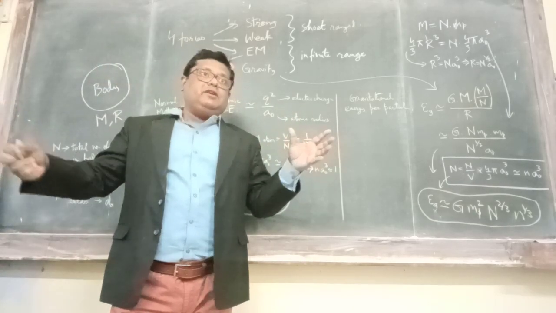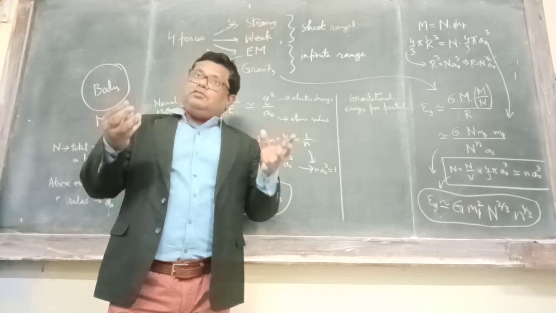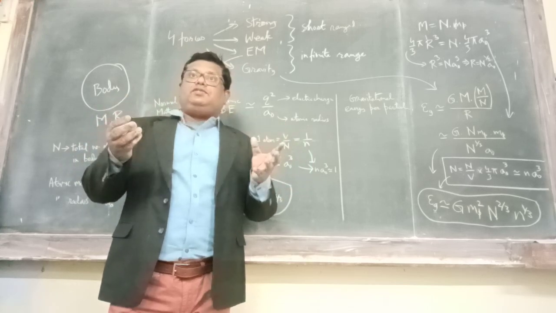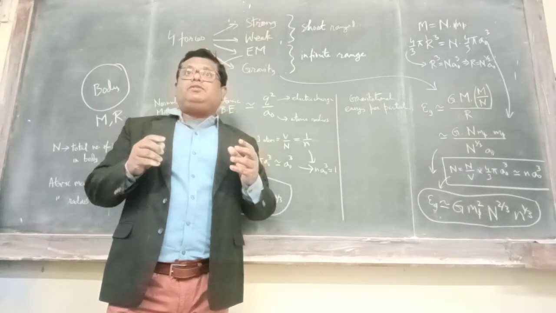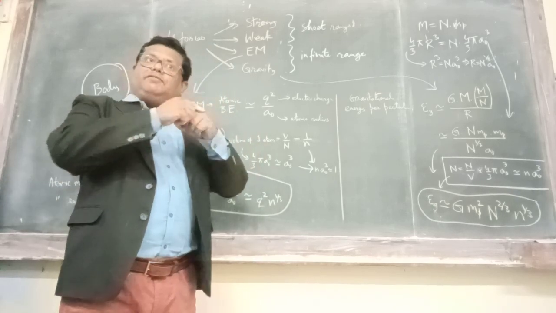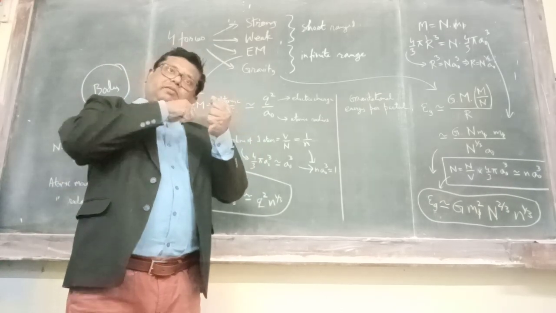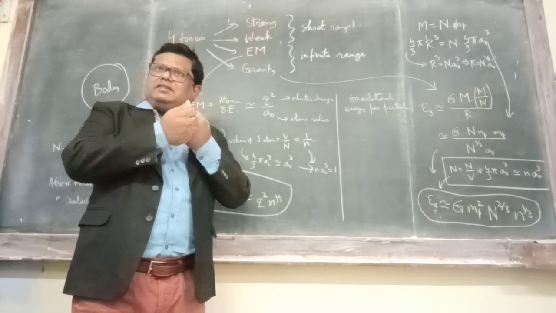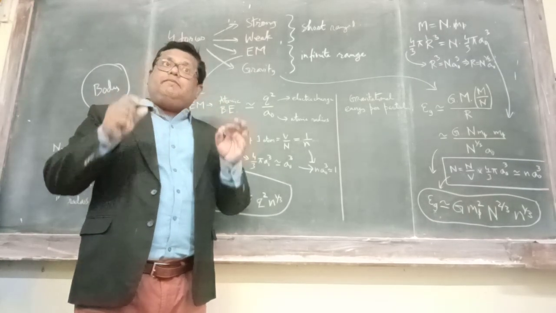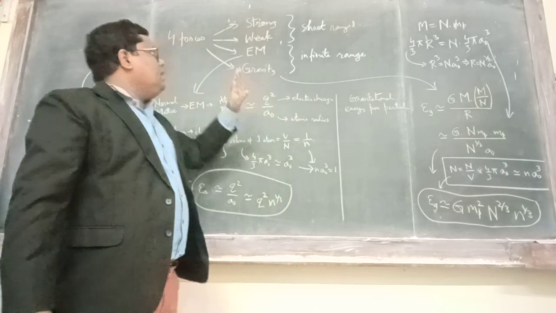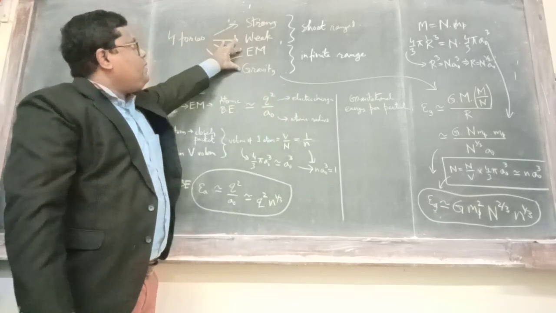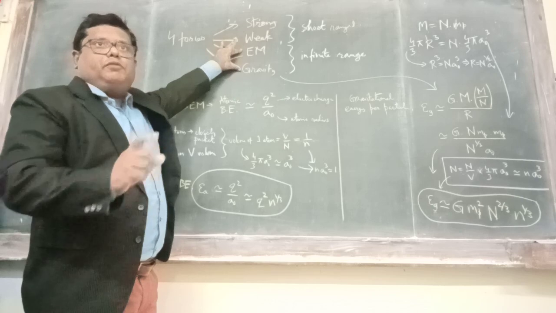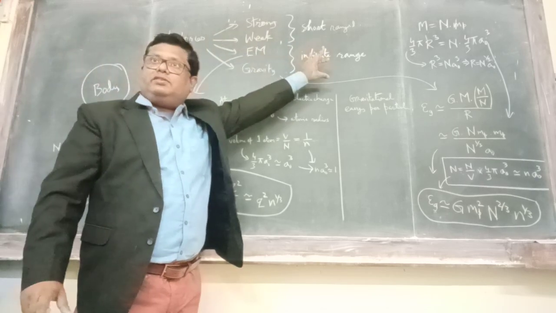Although it is long range, only if there is the presence of charge will it come into play. Even if there are neutral particles very close to each other, there is a sort of polarization and all that. But the main important thing is if there is charge.